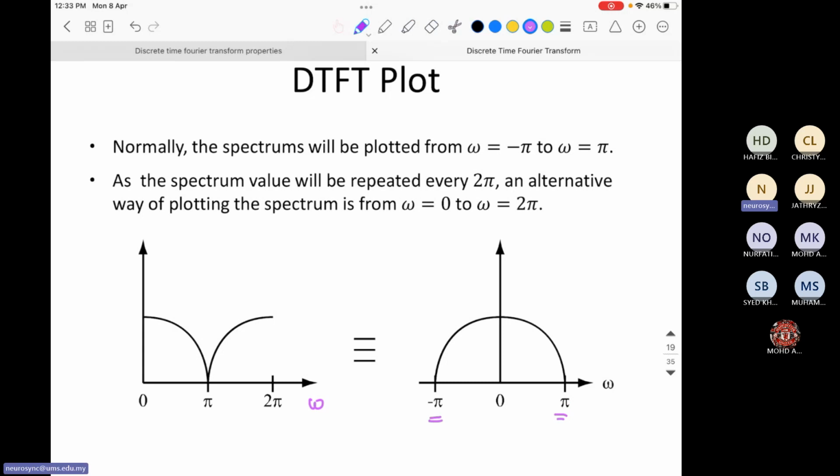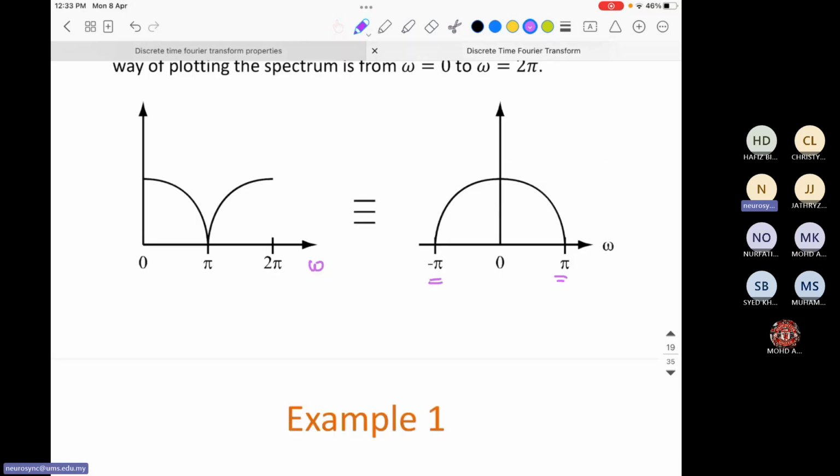So there should be a fixed interval of 2 pi, and this spectrum will repeat after every 2 pi. So you can plot this spectrum either way, from 0 to 2 pi or from minus pi to pi. Here also, the y-axis can be magnitude, phase, or energy.